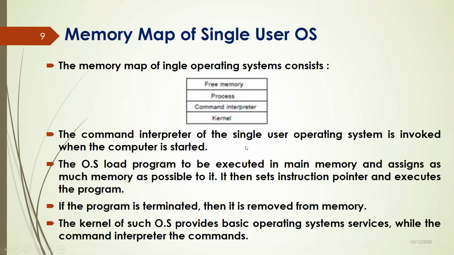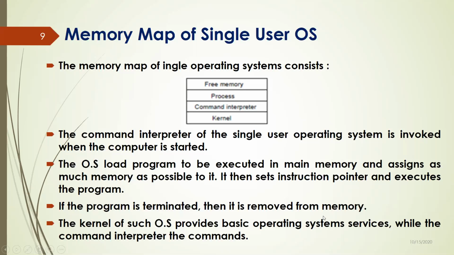The command interpreter of the single user operating system is invoked when the computer is started, and the operating system loads the program to be executed in the memory and assigns as much memory as possible. So this instruction set is pointing towards the particular memory and it executes the program through the processor.